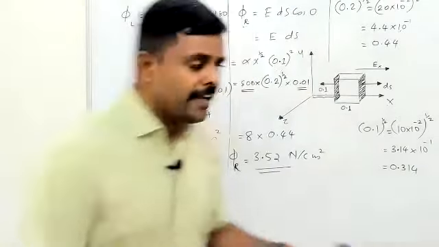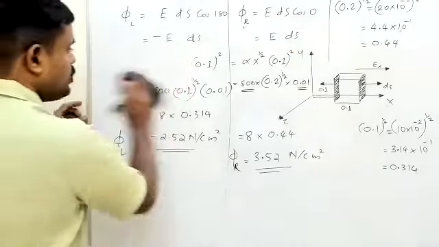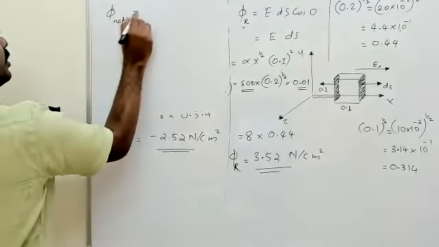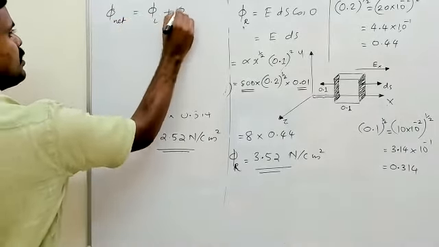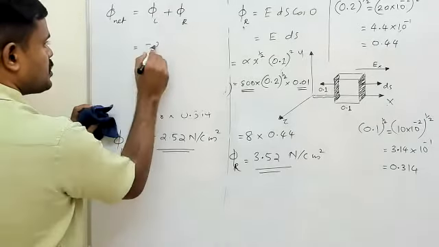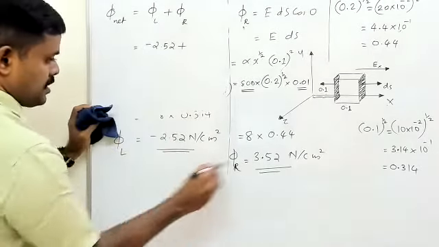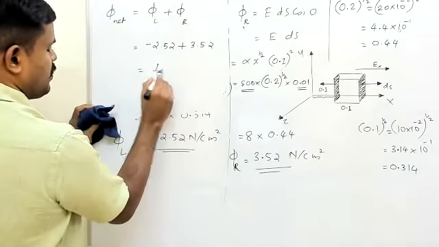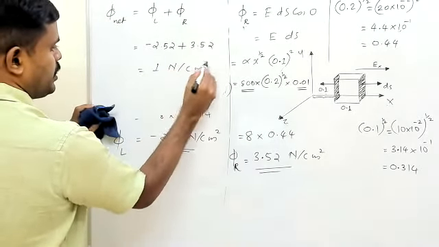So having obtained the fluxes on the left hand side and right hand side, you can find the net flux now. Phi net is equal to phi left plus phi right. So what is the total flux now? Phi left is minus 2.52 plus phi right is 3.52. And that is 1 Newton per Coulomb into meter square.